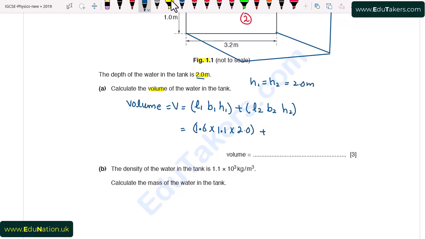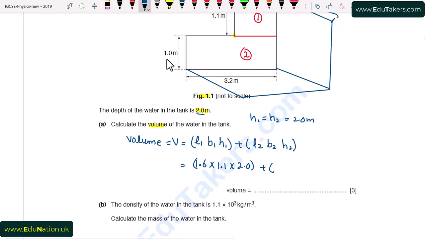And for the second cuboid, length and breadth are given, it is 3.2 and 1.0. So I write here 1.0 multiplied by 3.2 and H2 is 2.0. So the total volume comes to be 9.9. The unit of volume is meter cube. So I write here it is equal to 9.9 meter cube.